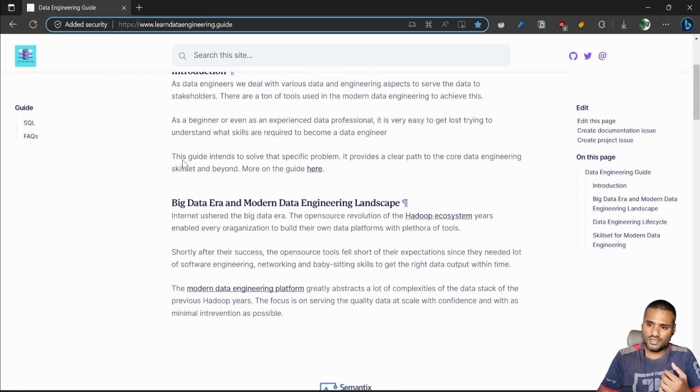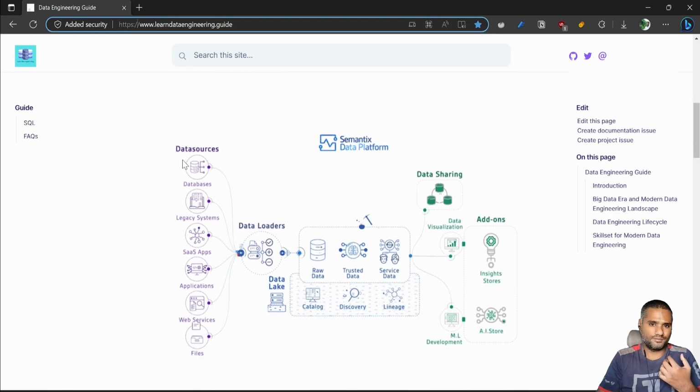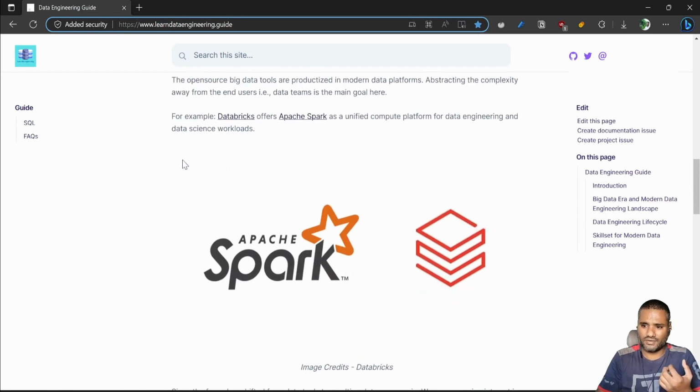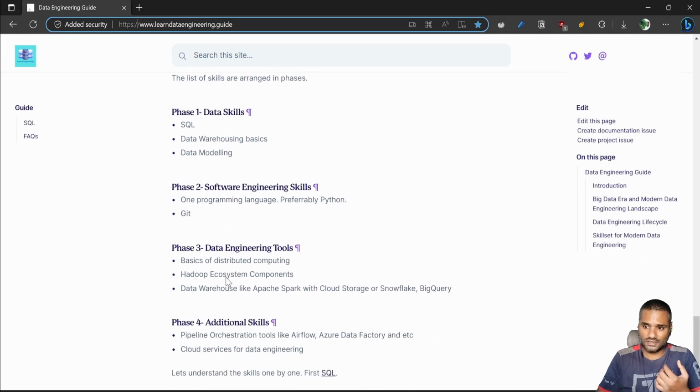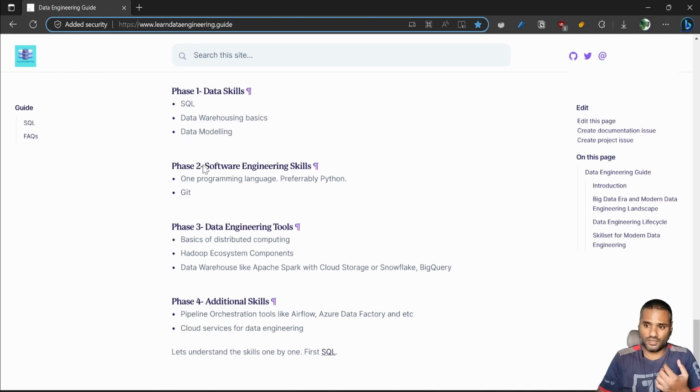All of these different stages of a data engineer are explained in this particular guide, along with the skills that you need to prepare for each phase or section. I have ordered these skills in different phases. The first one is of course the data skills. For a data engineer it is very important, and one of the prominent data skills is SQL.